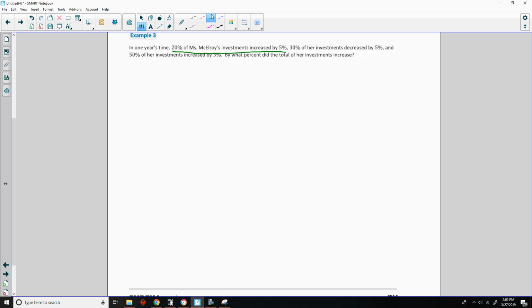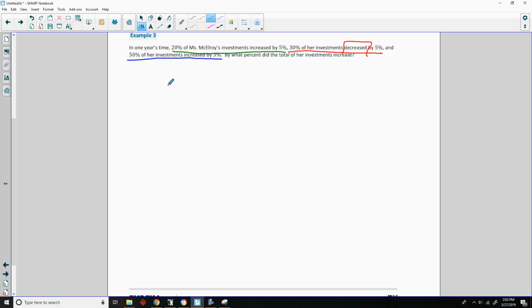So she has 20% increase by 5, 30% increase by 5, and 50% increase by 3. So 20, 50, 100%. Oh, that's a decrease by 5. 30% decrease by 5. Got to be careful there.